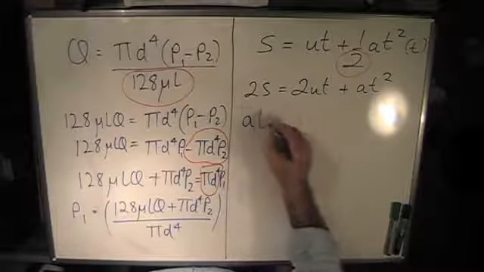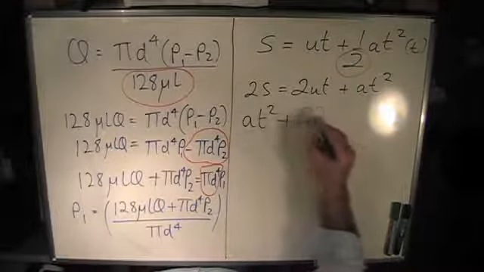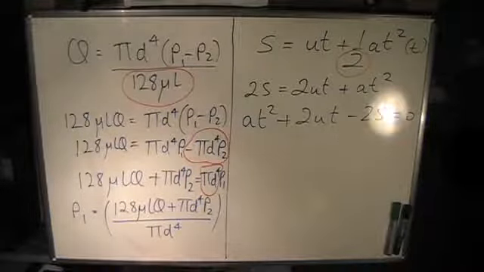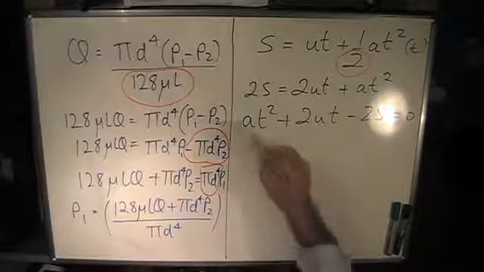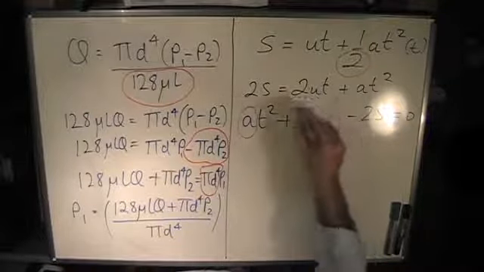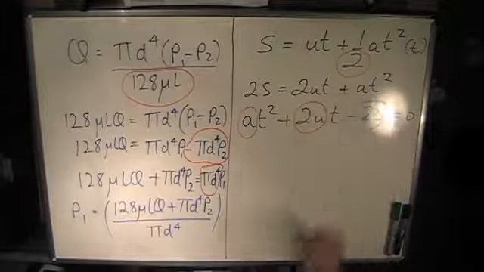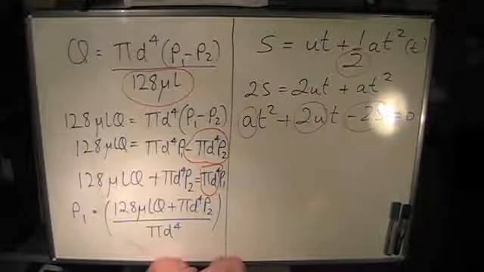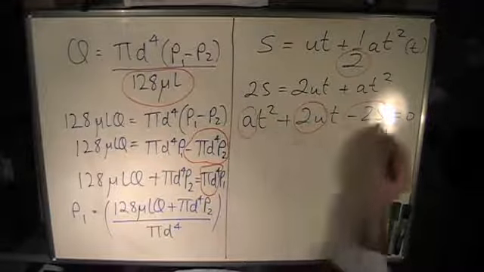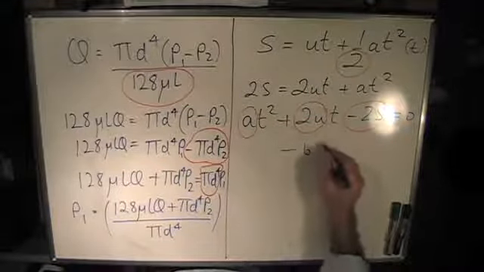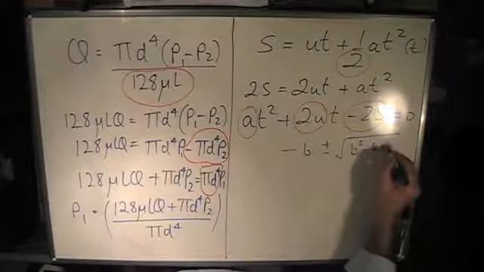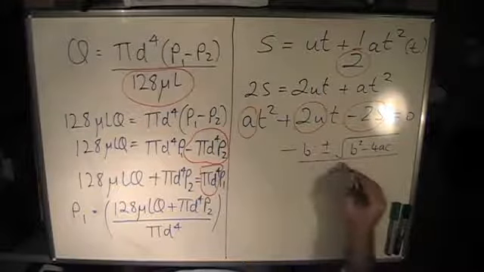And if you now rewrite that to make it look like a quadratic equation, you basically have that, where these terms are in fact the coefficients in the quadratic equation. And what you're going to do is apply your formula, and you're going to substitute these terms into this formula: minus b plus or minus the square root of b squared minus 4ac all over 2a.